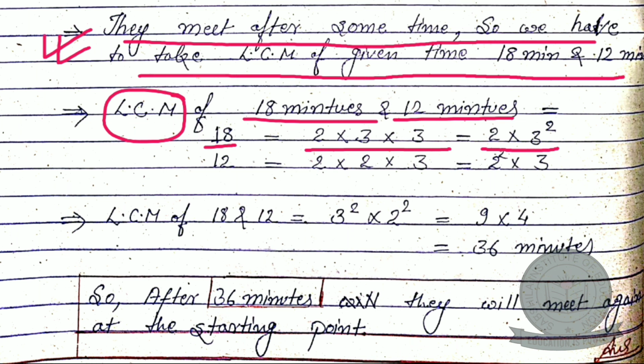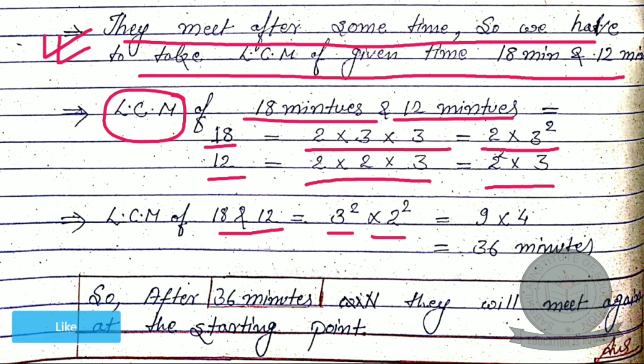The prime factorization of 12 is 2 into 2 into 3, so we can write 2 square into 3. So the LCM of 18 and 12 is 3 square into 2 square, that is 9 into 4, which is 36.